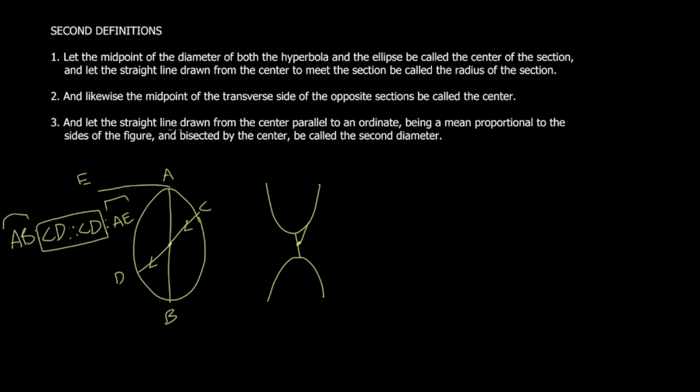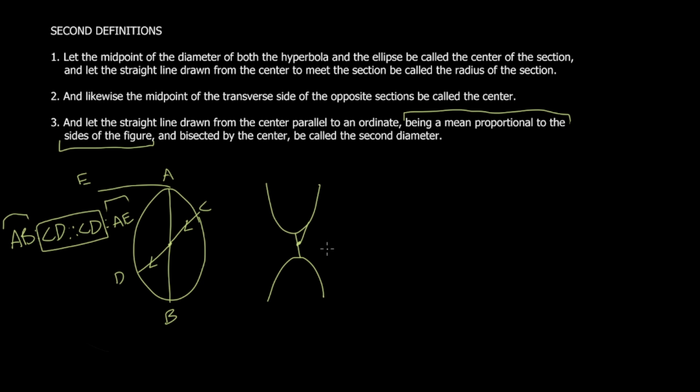But what this is saying is that if you have a second diameter, part of the definition of the second diameter is that it's going to be mean proportional between these two sides. In an ellipse case, it seems pretty obvious that CD is going to have a definite length, because that length is determined by the points C and D, which are on the section.